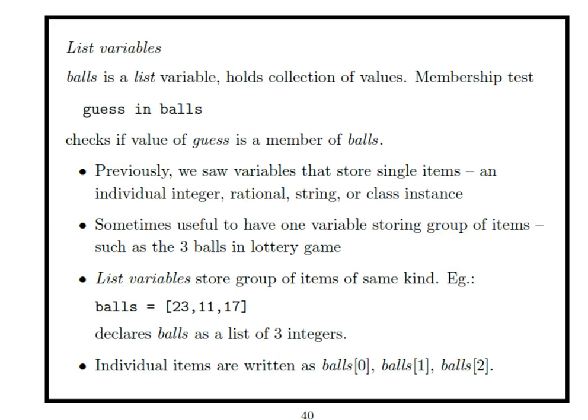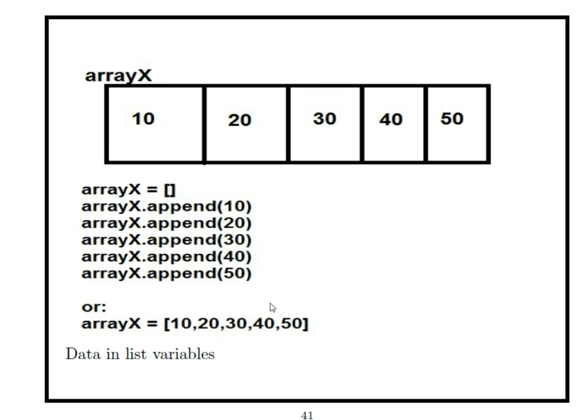They hold several objects or several values in this case, and we can refer, in fact, to individual elements as the variable name with 0 for the first, 1 for the second, and 2 for the third. In computer science, we start numbering at 0, not 1. So 23 is the 0th element of the list, and 11 is the first, and 17 is the second. Confusing, but that's how we do it.